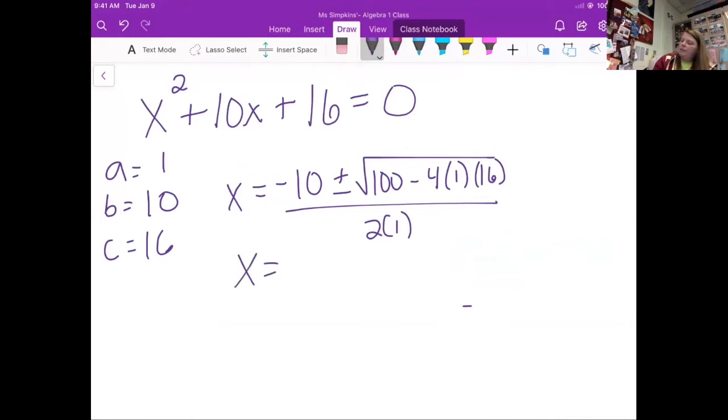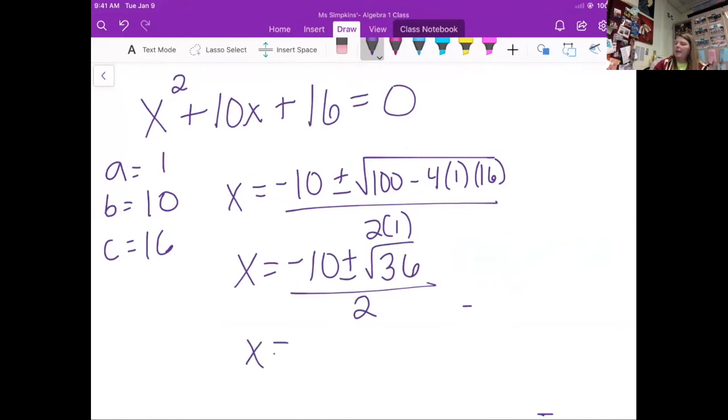So if we simplify what we can, 100 minus 4 times 1 times 16 is 64. 100 minus 64 is 36. And I'm happy because 36 is a perfect square of 6.